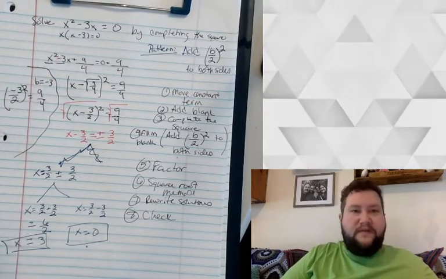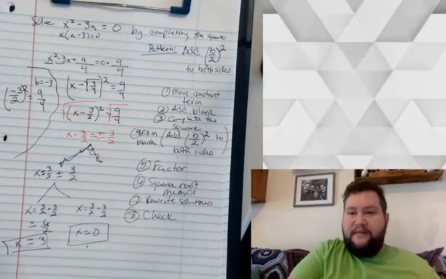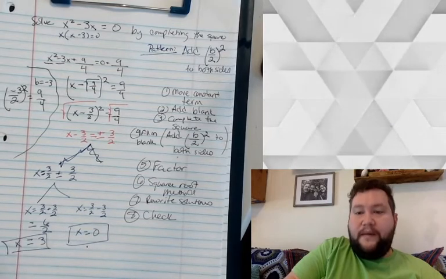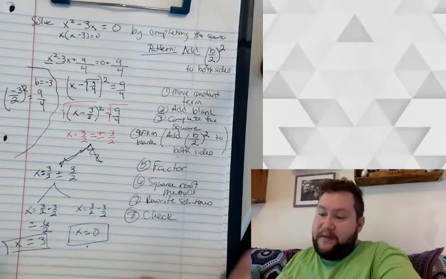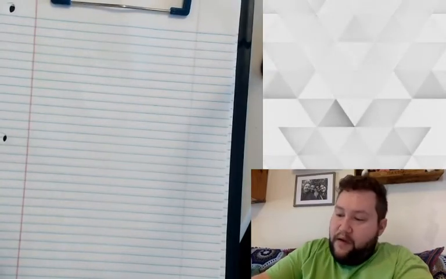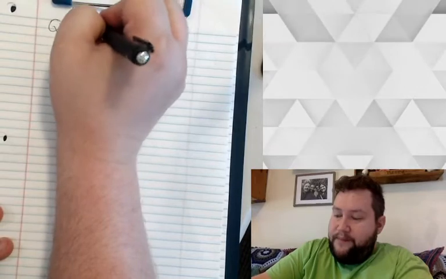Still could have just factored that out to begin with. That would often be the case. But I'll give you a general reason why it is that we might want to be able to complete the square. And that's going to be our last strategy. And that's called the quadratic formula.